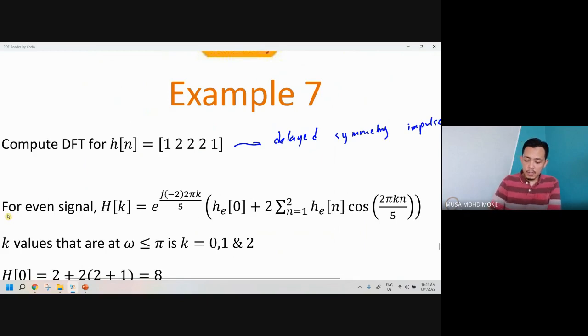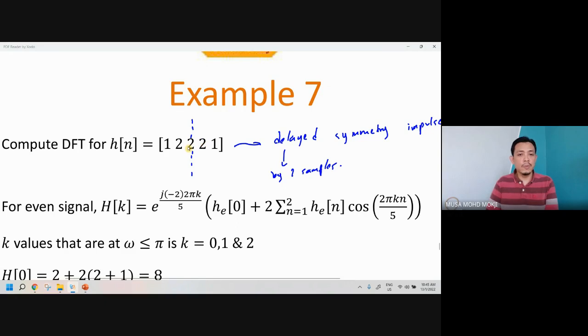If we observe this, it will be symmetry at that point. If this is symmetry, this one is supposed to be at n equals 0. But now, because n equals 0 is here, this is already delayed by 2 samples.